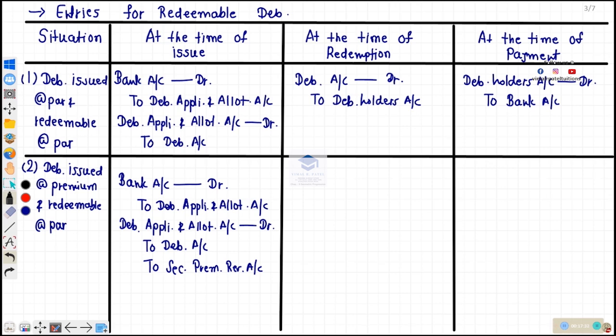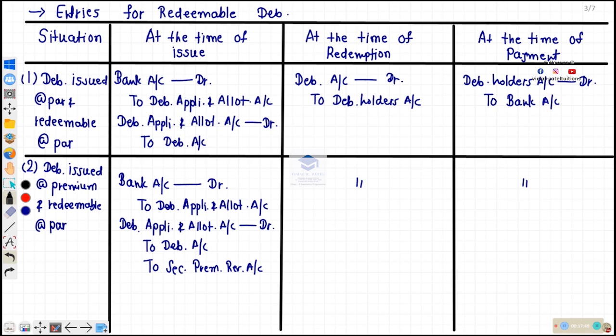Now, at the time of redemption, same entry, debenture to debenture holder, sorry, 100, because debentures are redeemable at par, and debenture holder to bank, same, 100.